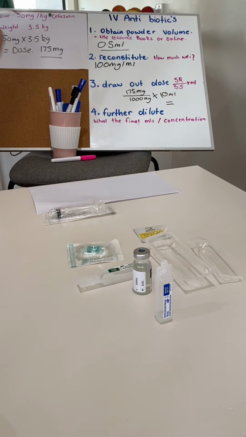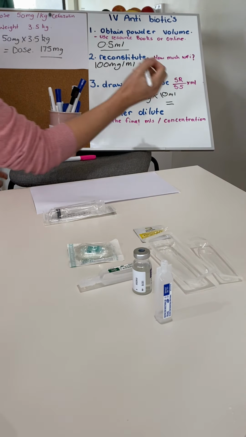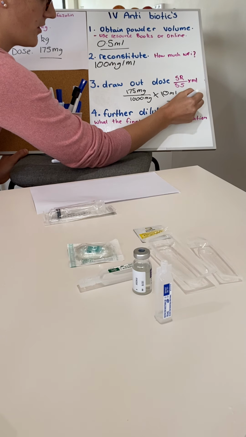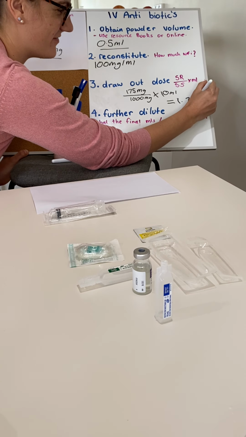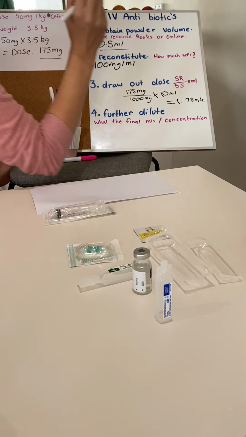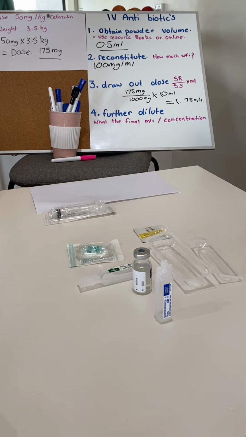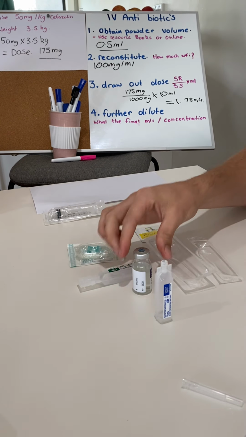This will give us how many mils we have to draw out from here, which will be 1.75 mils, which we then check with our buddy nurse.